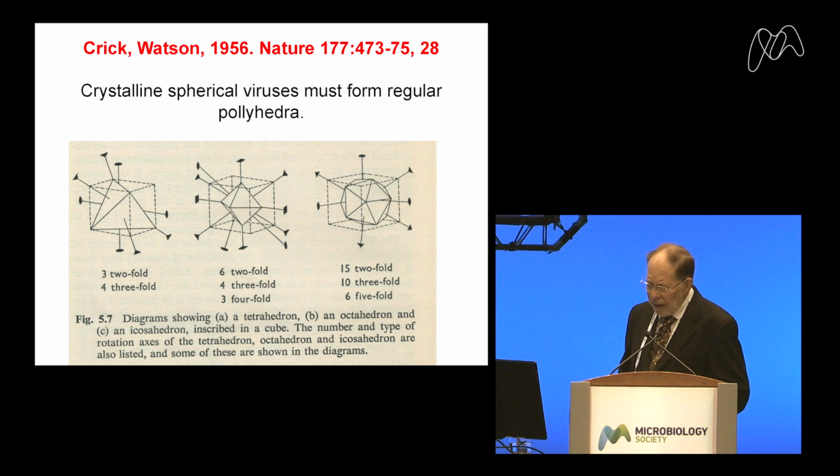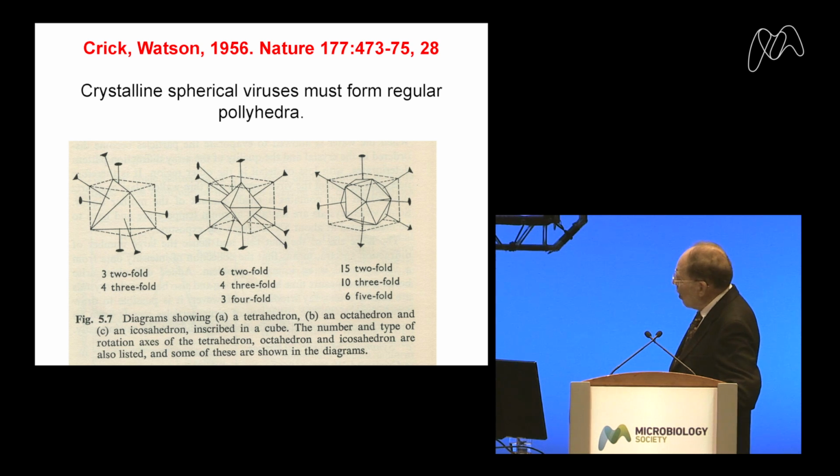That can only be had if you go to a regular polyhedron, like a tetrahedron here, an octahedron, an icosahedron. The icosahedron is the most complex of the regular polyhedra, and therefore they correctly suggested that this might be the symmetry of a typical virus.